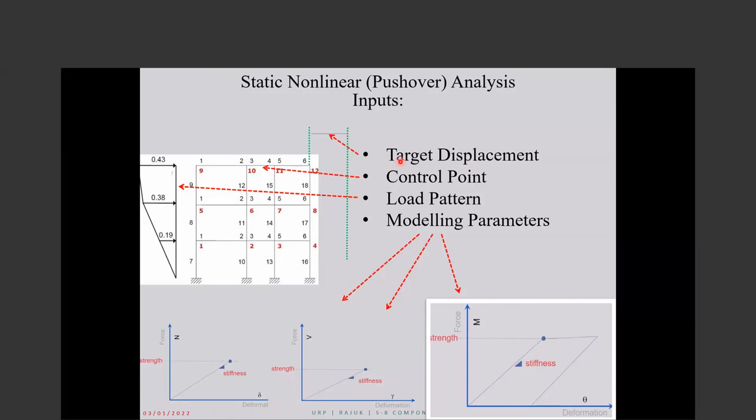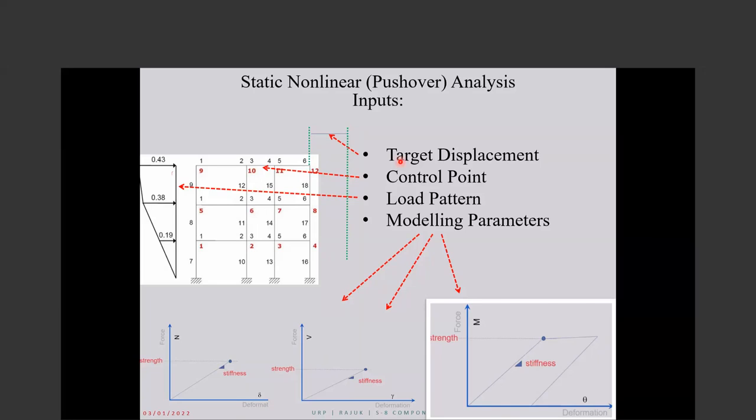We call it target displacement. Naturally it is a point of demand, because everything related to loading is demand, and demand is not unique, it depends on the load. For larger earthquakes the target displacement is larger, for smaller earthquakes it will be small.